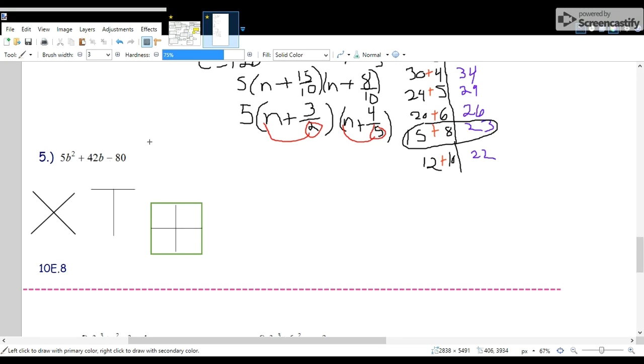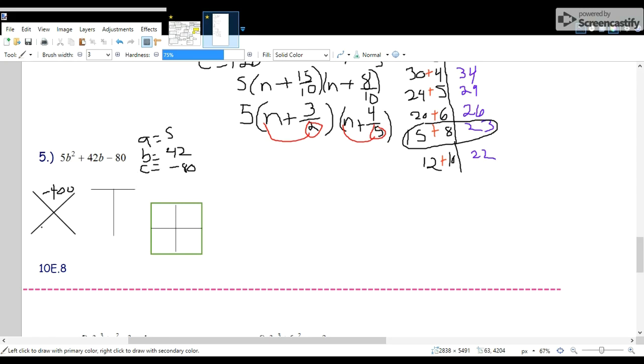Let's go ahead and identify our a, our b, not this B, but the b from that formula from before, and c. So a would be 5, b is 42, and c is negative 80. a times c would be negative 80 times 5, that's negative 400.